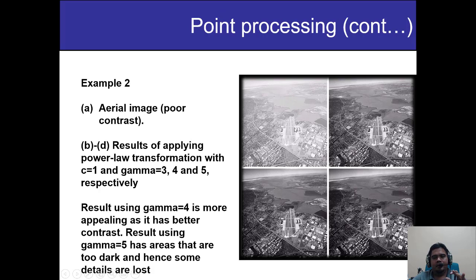In order for you to get the information, since the case is a bright region, you must stretch the narrow range of the bright region so you can get more information. So in this case, if you want to apply the gamma transformation function, the power law transformation function, the gamma that you need to choose must be more than 1. What is the reason behind that?